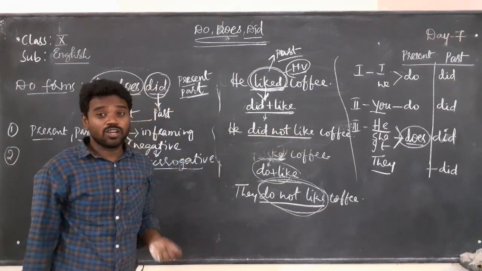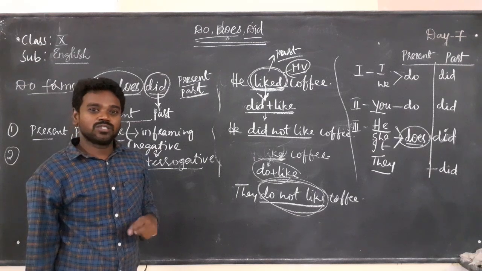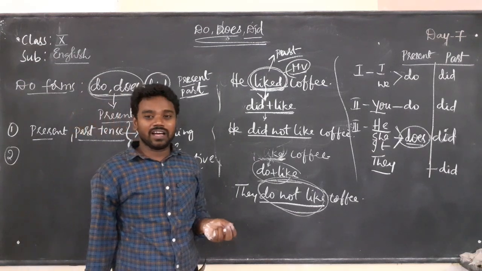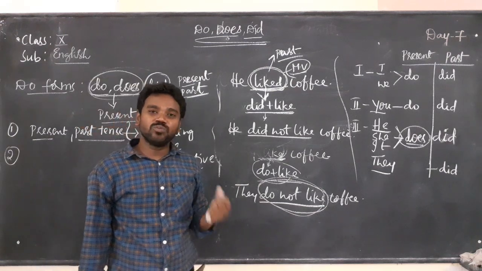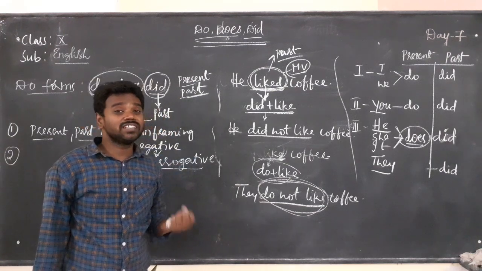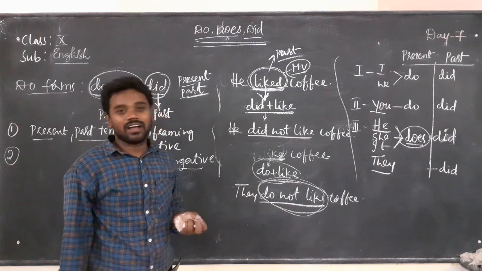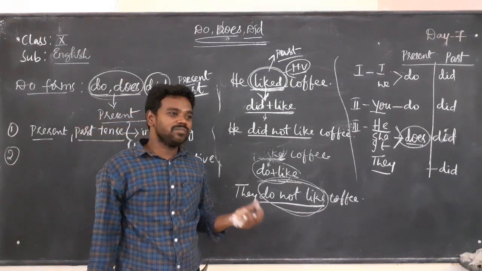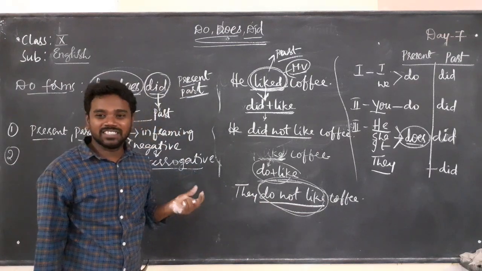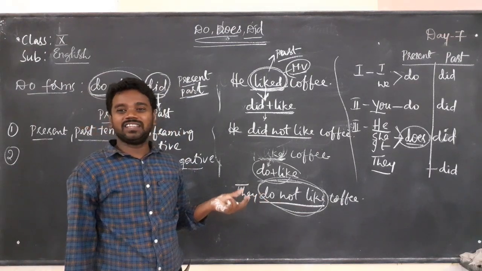So for example, go, gone, went. For example, I went to movie. When I say the sentence, I went to movie, and I change it into a negative, how? I did not go to movie, that is the actual sentence. But many of them use I didn't went to movie. I didn't went.